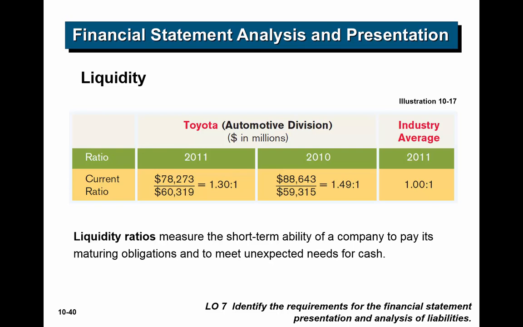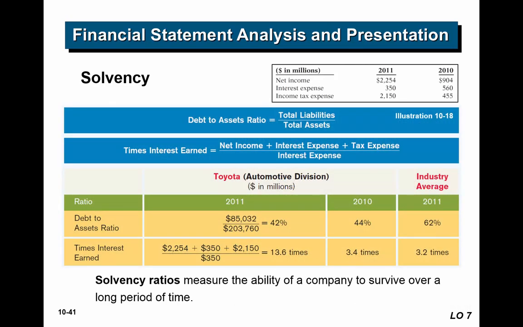A common ratio used for doing that is the current ratio. We take the current assets and divide them by the current liabilities. You can see in this example with Toyota that their current assets are 1.3 times greater than their current liabilities. That gives them a current ratio of 1.30 in 2011. This measures liquidity, or the ability to pay off short-term debt.